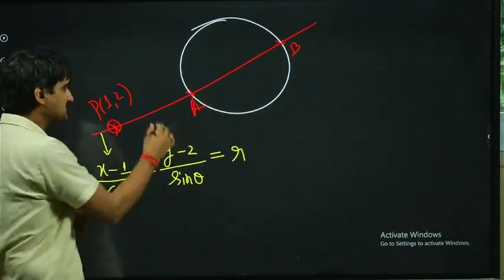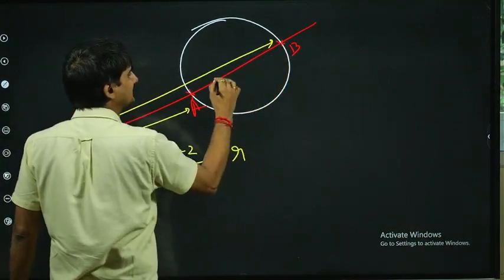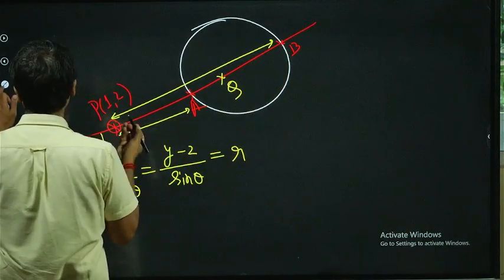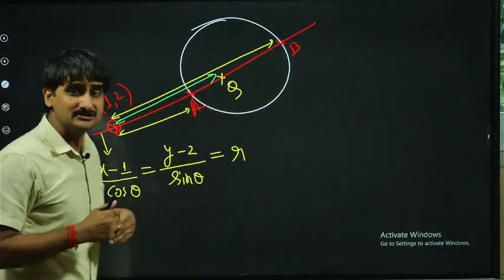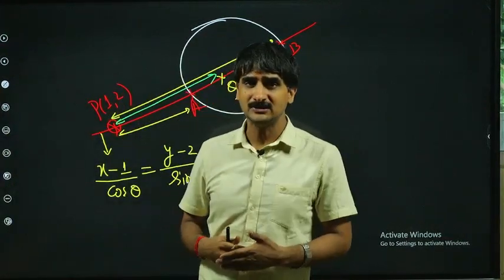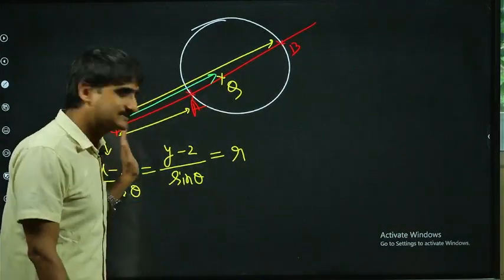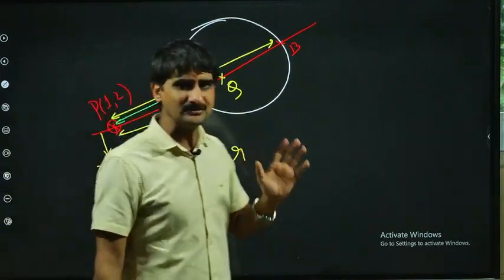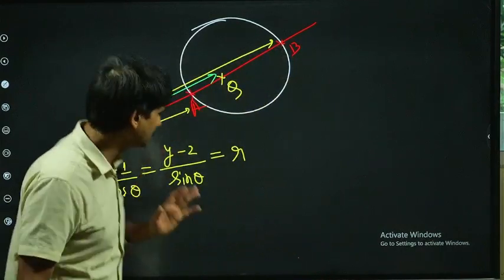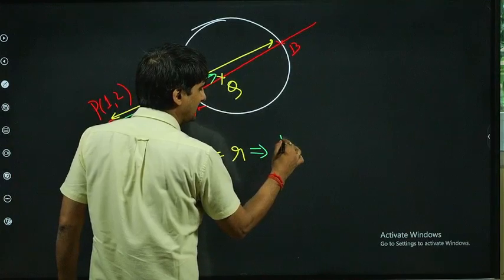PA is this distance, PB is some distance, and there's some point Q here, so that's another distance, isn't it, bachcho? Since all these three terms PA, PB and PQ are distances from the fixed point along the line, that's why in the very beginning I said I will be using the parametric form of the equation of the line.